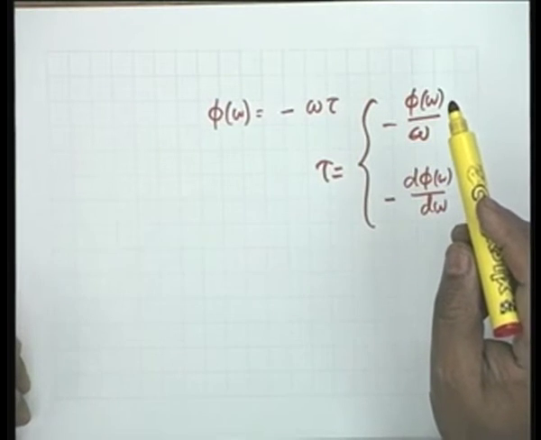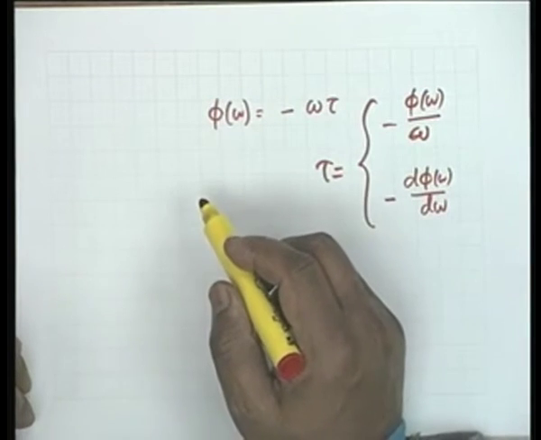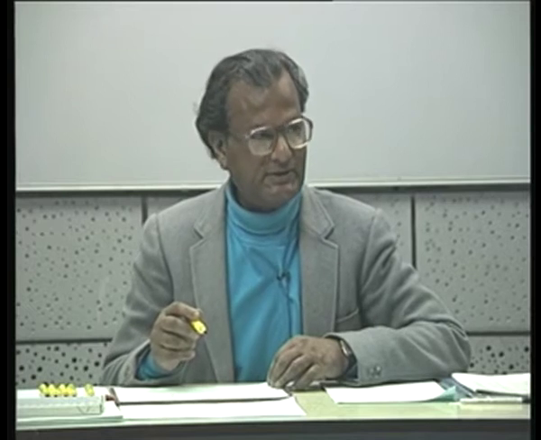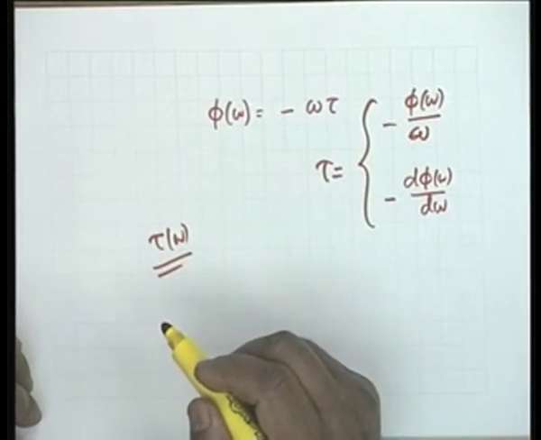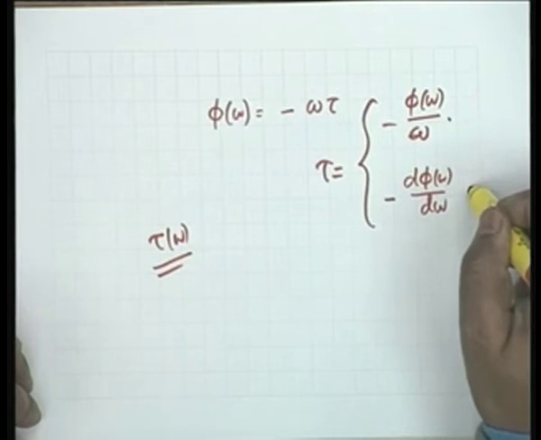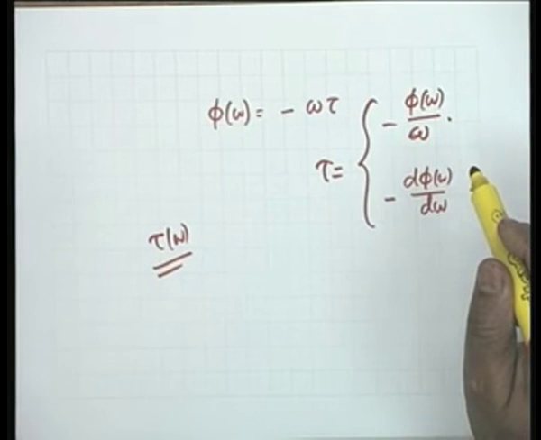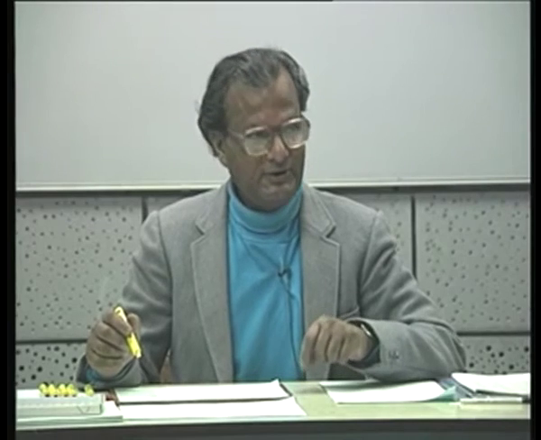There are networks in which tau is a function of frequency. If tau is a function of frequency, tau of omega, then obviously these two shall be different. These two are equal only if the phase is linearly related to omega with the constant equal to 0.